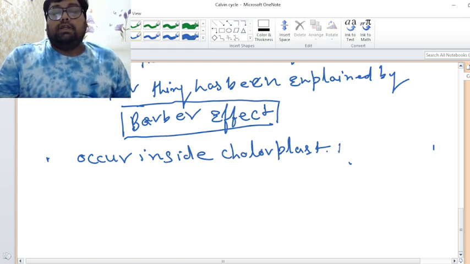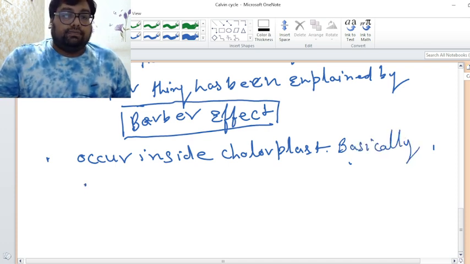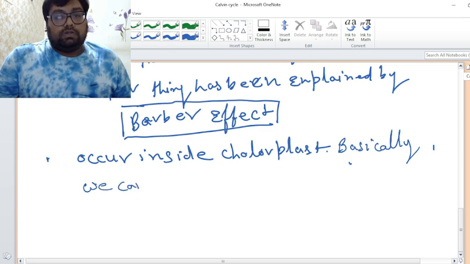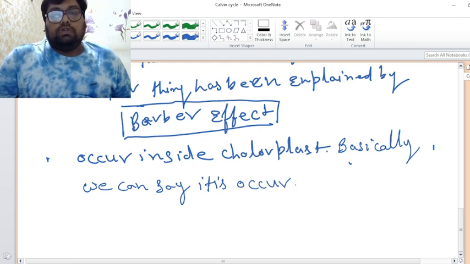Basically, we can say it occurs inside the mesophyll cell.